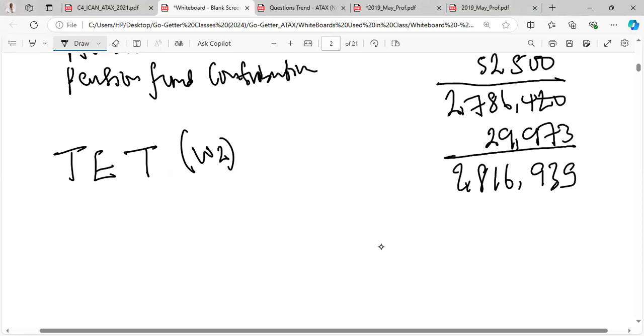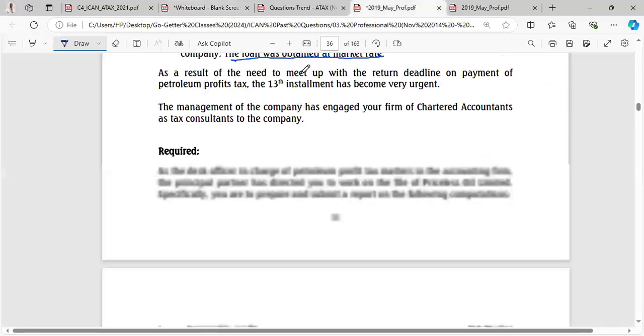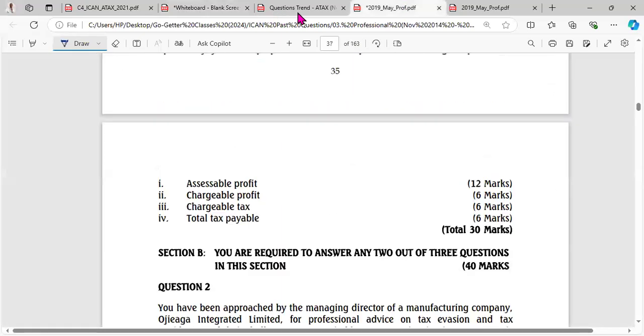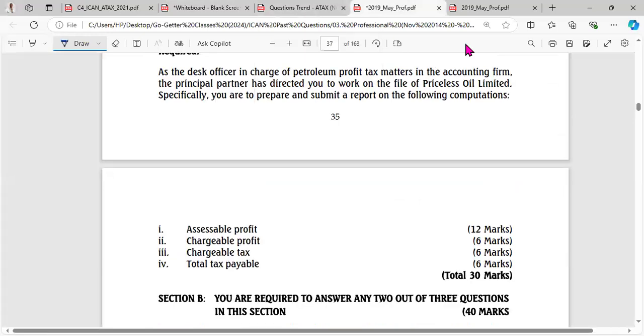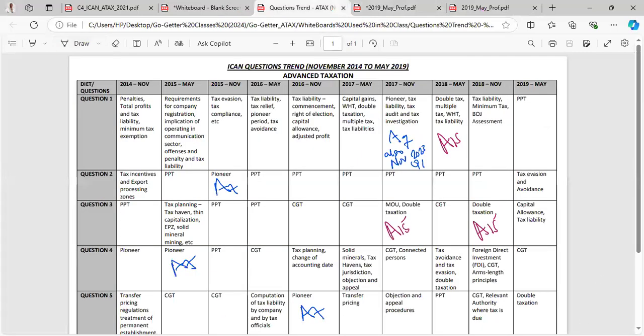So this is your allowable expenses. Okay, the question asked you to look for assessable profits, not allowable expenses. So we've done allowable expenses. So what do we need to do?